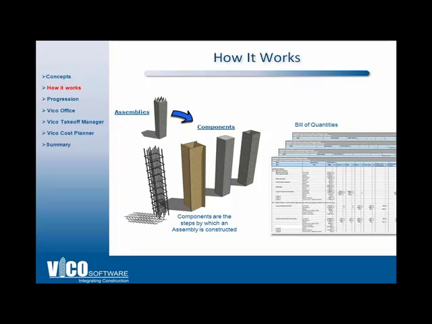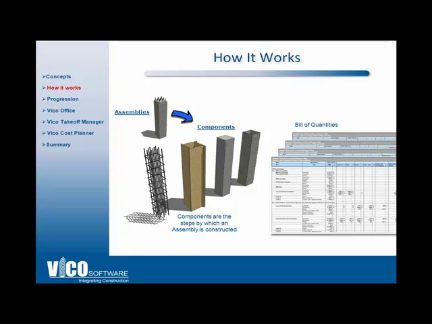The components will allow you to calculate the tonnage of rebar based on the volume of the column itself, the area of formwork based on the 4 vertical sides of the column, the amount of concrete you're going to need based on the volume of the column again, and finally the amount of cladding you're going to need based on the surface area of the column itself.